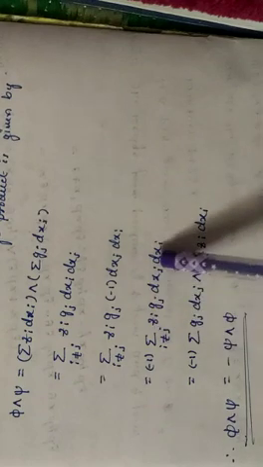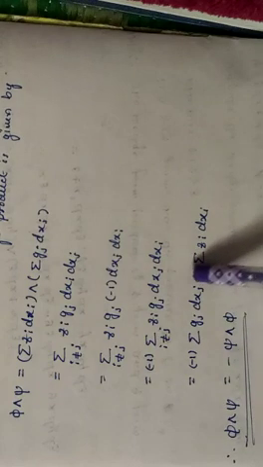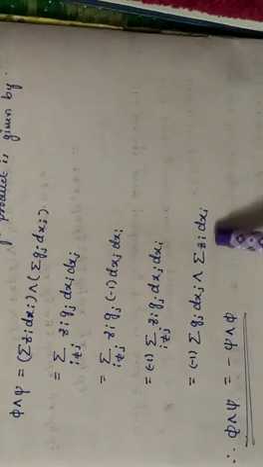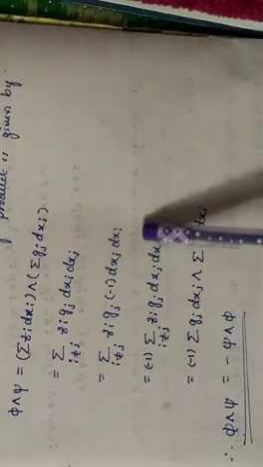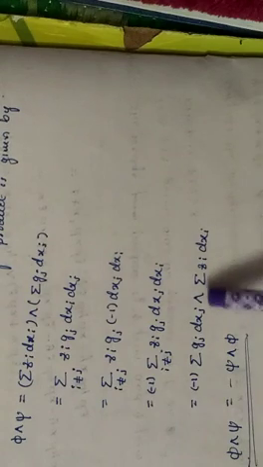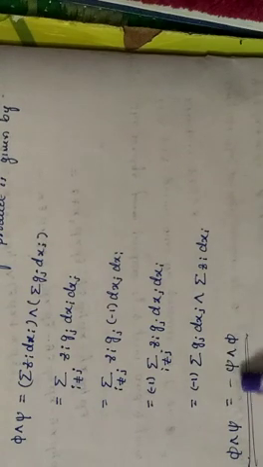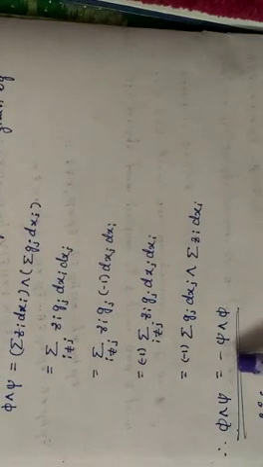Again we split this as minus 1 into summation gj into dxj, wedge summation fi into dxi. This can be represented as psi, because we assumed psi equals this one and pi equals this one. So this is psi, wedge, this is pi. Therefore we get minus psi wedge pi. So pi wedge psi equals minus psi wedge pi. Hence the proof.